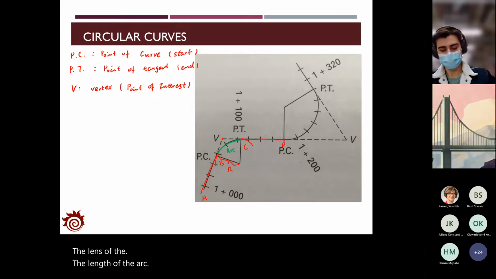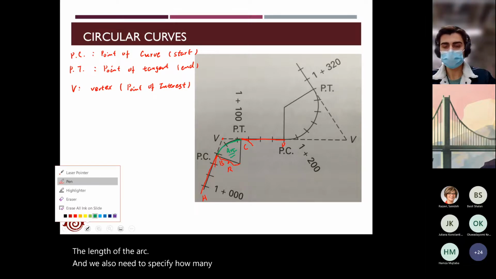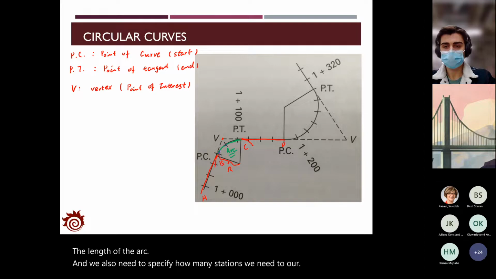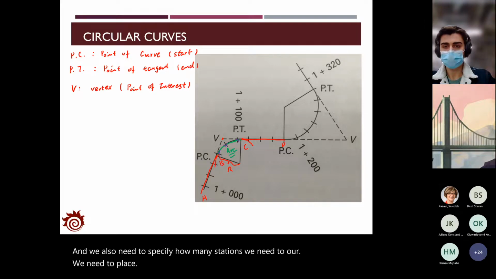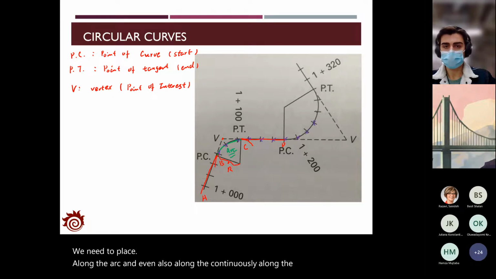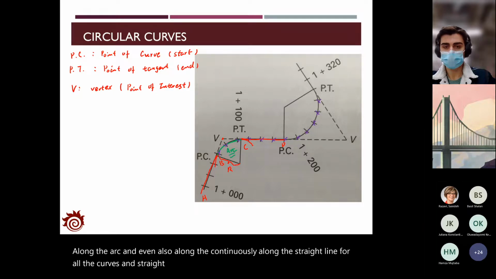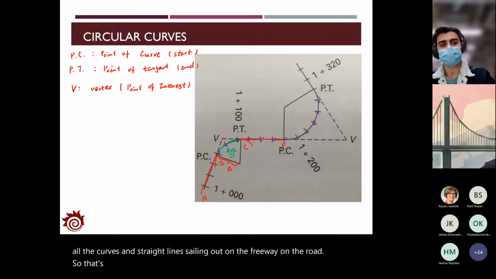And we also need to specify how many stations we need to place along the arc, and even also continuously along the straight line for all the curves and the straight lines you're laying out on the freeway, on the road. So those are the three important points we need to think about to lay out the curve.